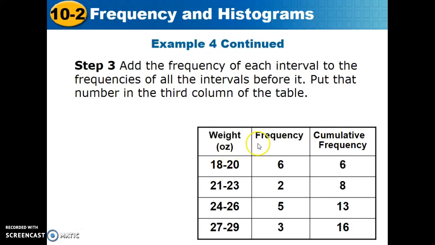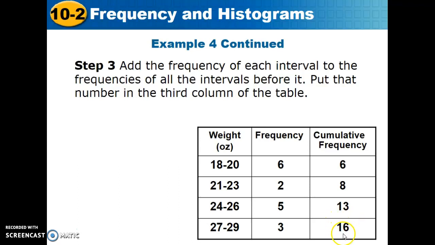So 18 to 20, there were 6 packages. Total 6. 21 to 23, there are now an additional 2. We're going to add that to the previous count to come up with our total of 8. 24 to 26, we have 5. We're adding that to the previous count, giving us 13. 5 plus 8, 13, and we can see 3 plus 13, 3 in the range of 27 to 29 ounces, gives us a total accumulation of 16 packages.